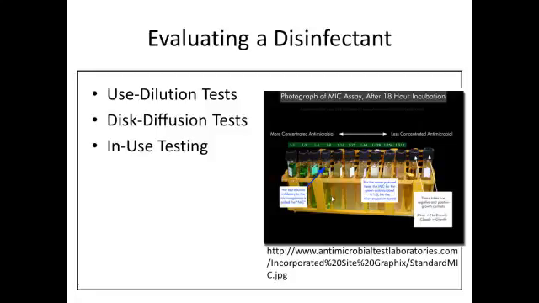So we call this the MIC, the minimum inhibitory concentration, and this is use dilution. This tells us the highest dilution that we can use and still inhibit the microbe.